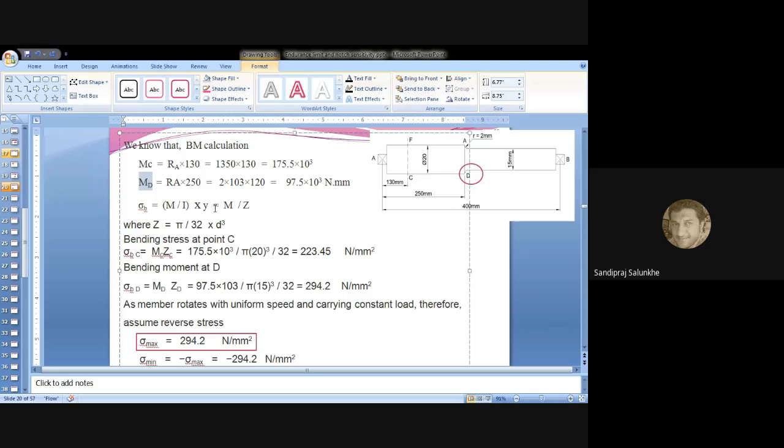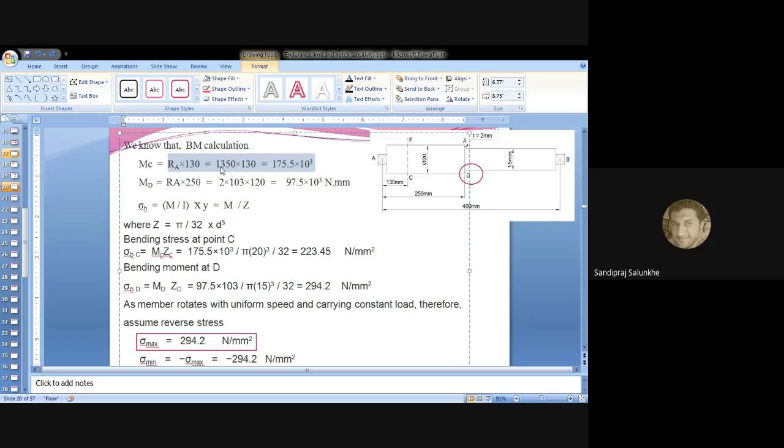When we calculate the bending moment at C, we go from one side, and it will be RA multiplied by its distance, 130 millimeter.